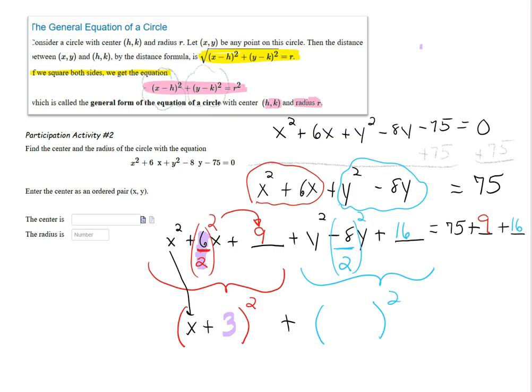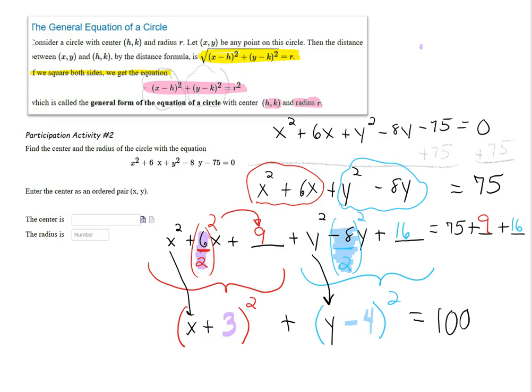Because it starts with a y squared, this has to be a y. And on this one, whatever negative 8 divided by 2 is, that would be a minus 4. So you're going to put a negative 4 there. Equals, and then when I add 75 plus 9 plus 16, I get 100. And now I can answer the questions.